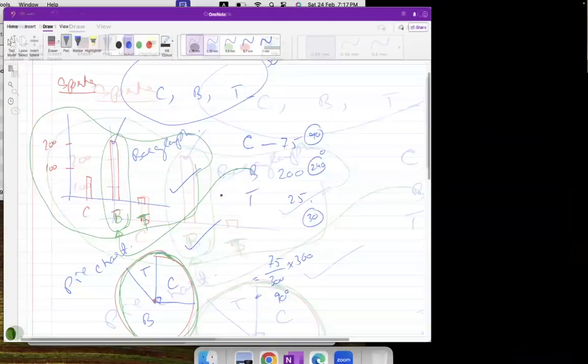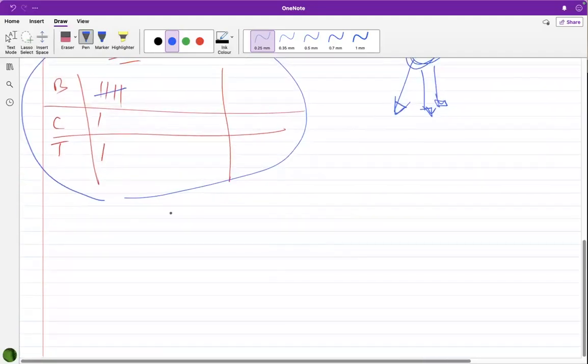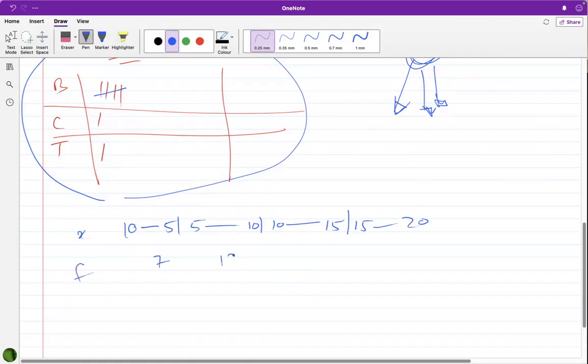You do it this way, that you say, I will count those leaves which measure from 0 to 5 millimeters, and then 5 to 10 millimeters, and then from 10 to 15 and 15 to 20. So it will be an easy task. From 0 to 5, we can say we found 7 leaves. From 5 to 10, we found 13 leaves. From 10 to 15, we found 4 leaves.